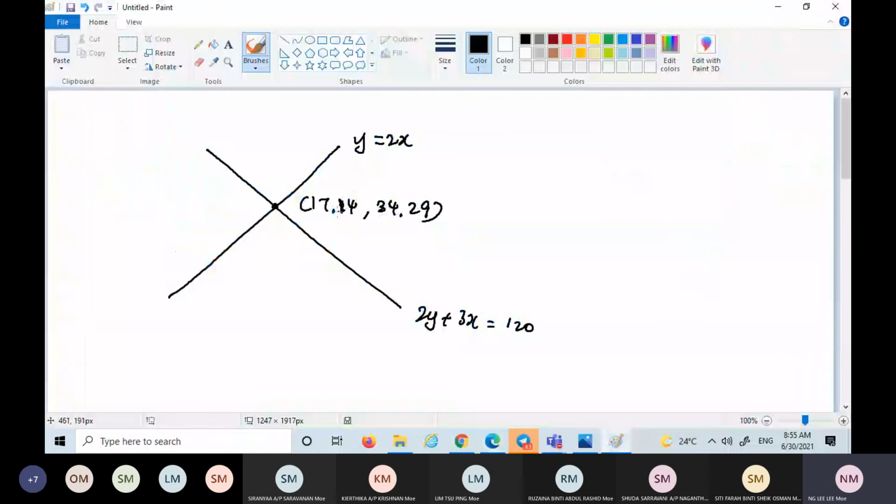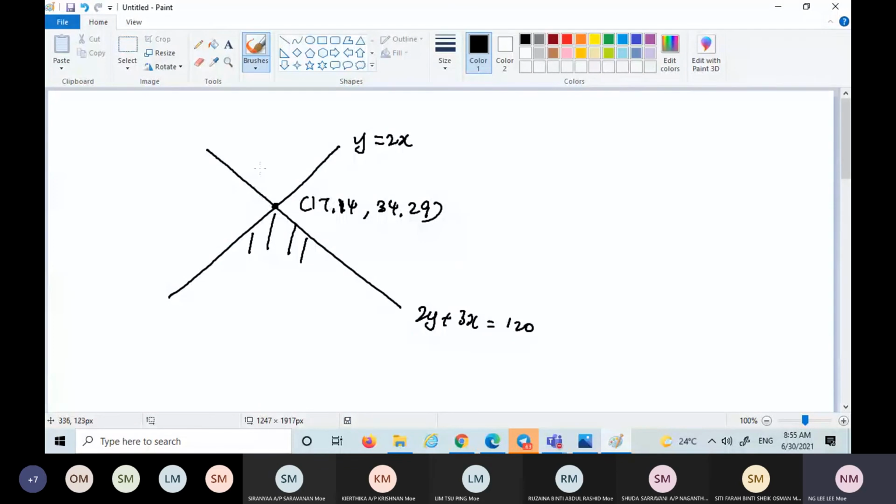This is the intersecting point. The region is here. So now we have to choose a point that is near this, but is the maximum for this region.